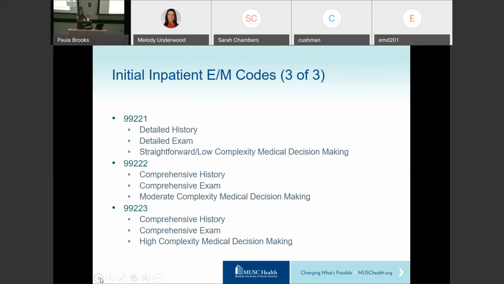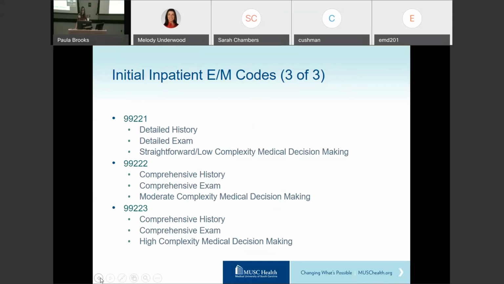So for a 99221, you must have a detailed history, a detailed exam, straightforward or low complexity medical decision making. For a 99222, you need a comprehensive history, a comprehensive exam, and moderate complexity medical decision-making.